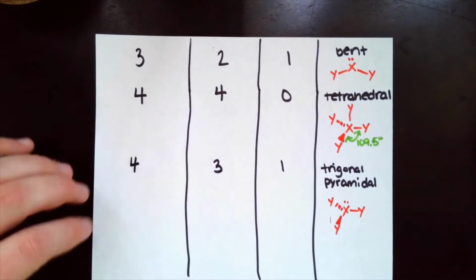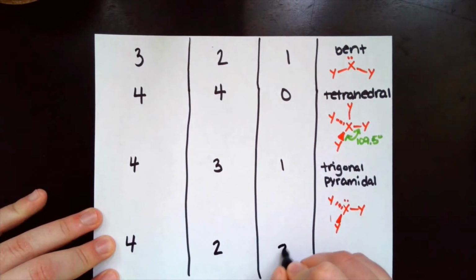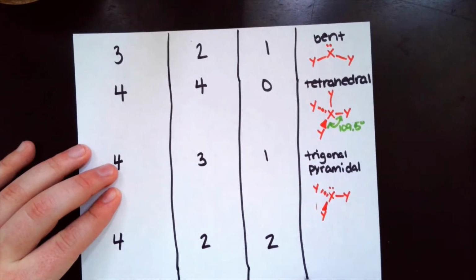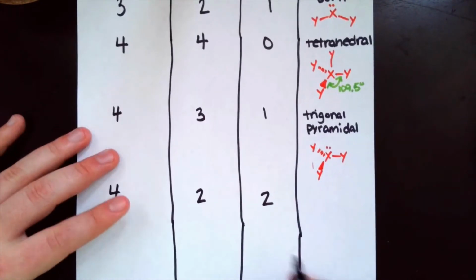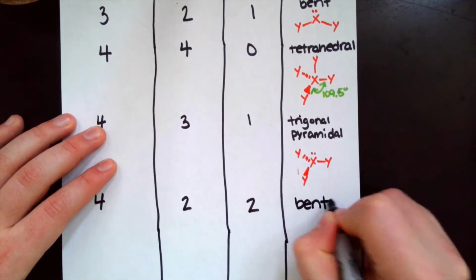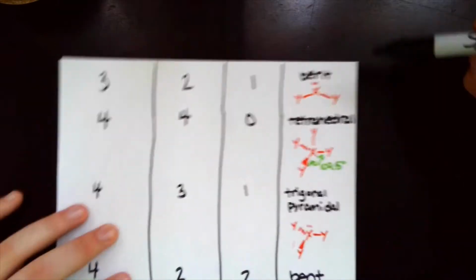And the last one for 4 domains is if 2 of them are bonds and 2 of them are lone pairs. So this is going to also be bent, actually. So there's multiple versions of a bent structure. Remember, actually, top right here.